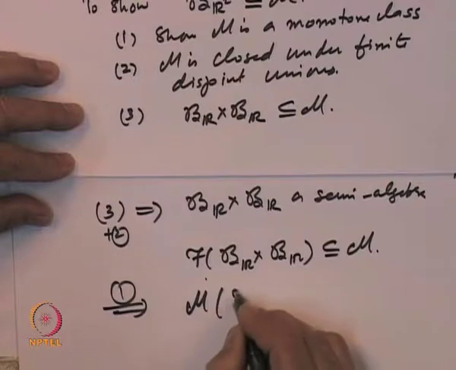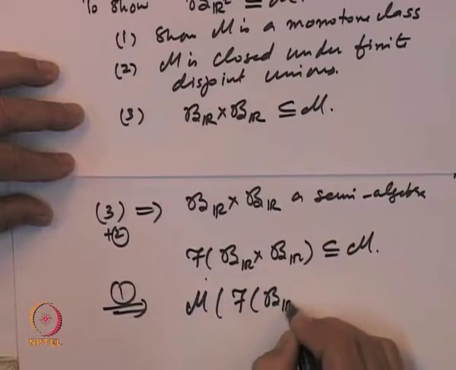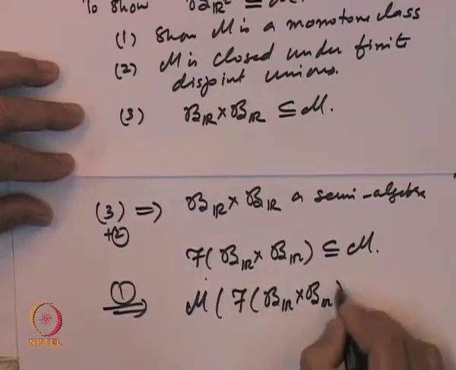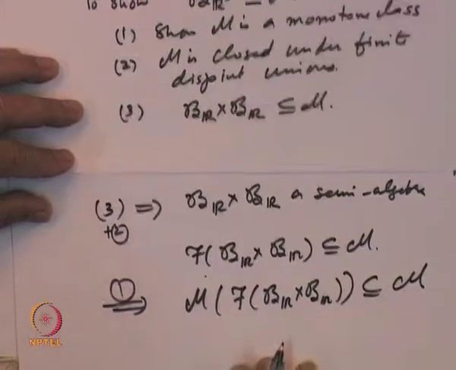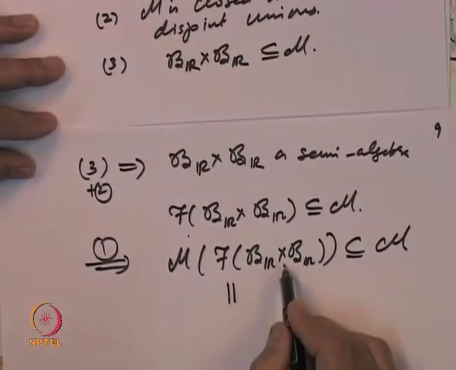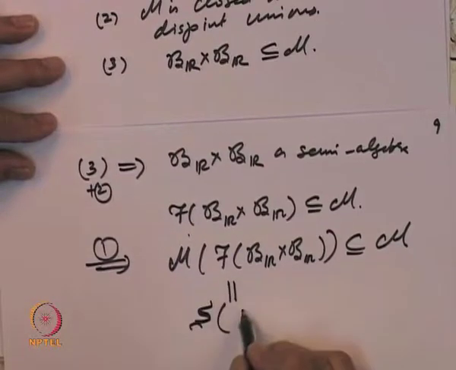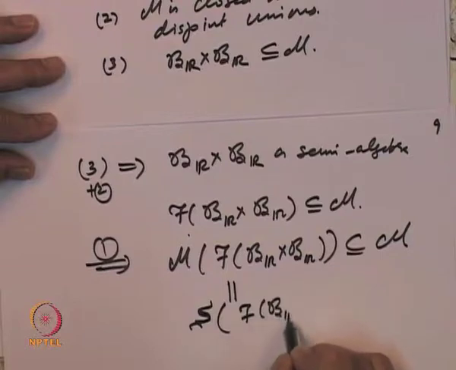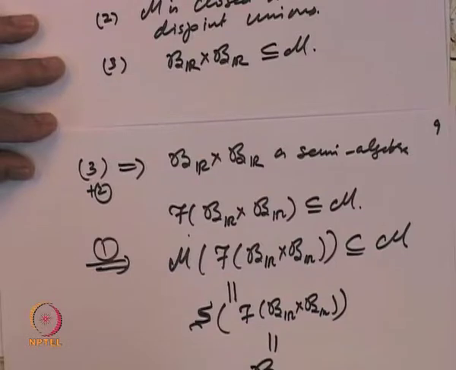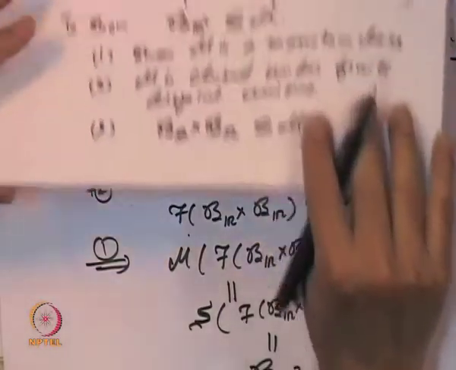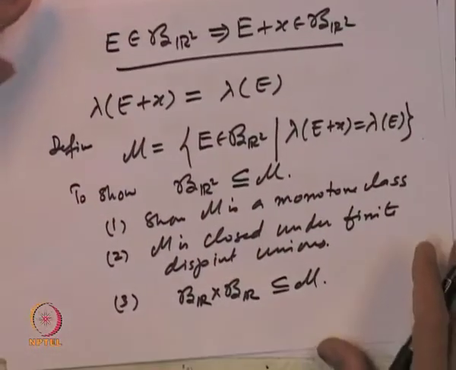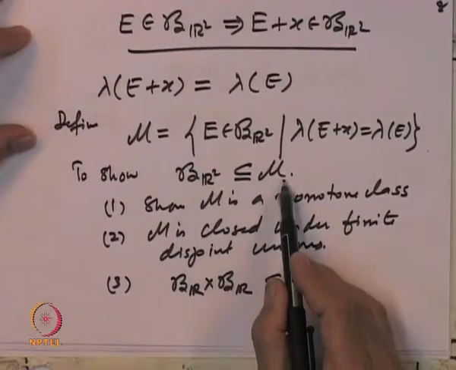So, the monotone class generated by this algebra is also inside M, but the monotone class generated by an algebra is the same as the sigma algebra. So, this is the same as the sigma algebra generated by B R cross B R, and that is equal to the Borel sigma algebra of R 2. So, this is the line of argument which will prove that B R 2 is a subset of M.